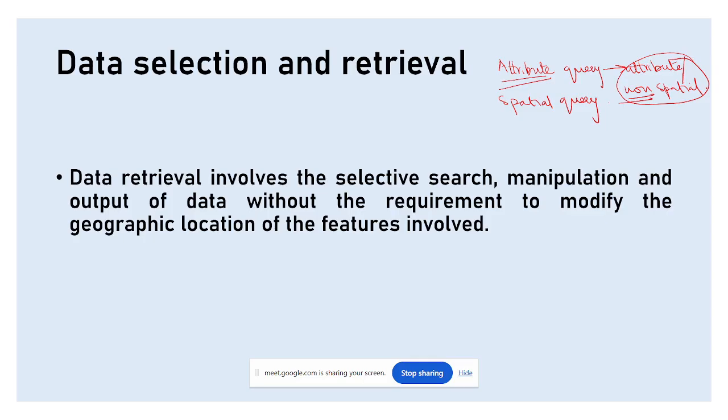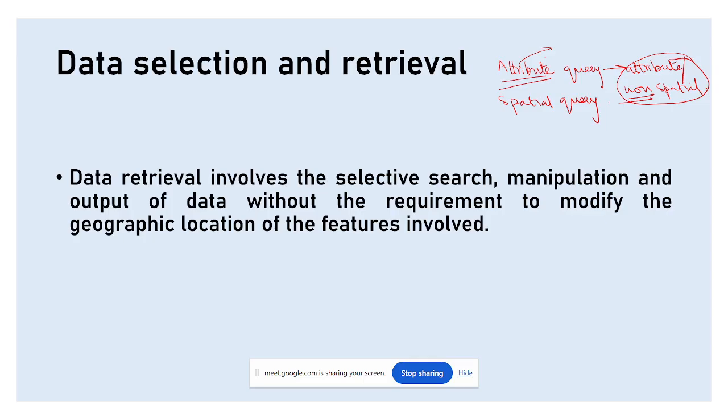In that case, you can just disable the district boundary attribute option. Accordingly, you can use the remaining data that you require. So attribute query involves the processing of the attribute or non-spatial data, which is independent of the spatial information. It doesn't have anything to do with the coordinates or any location for that matter. But in case of spatial query, it involves selecting the features based on their location.